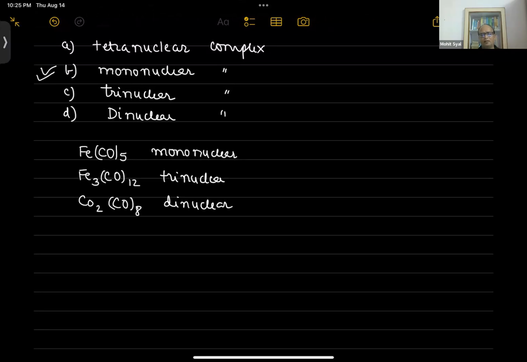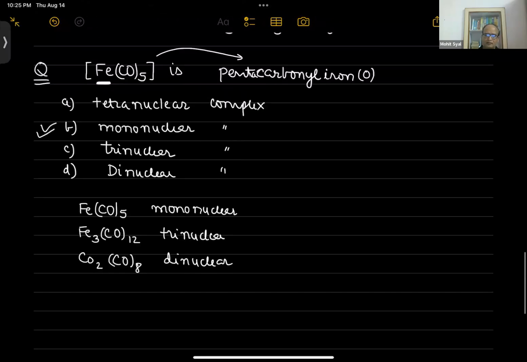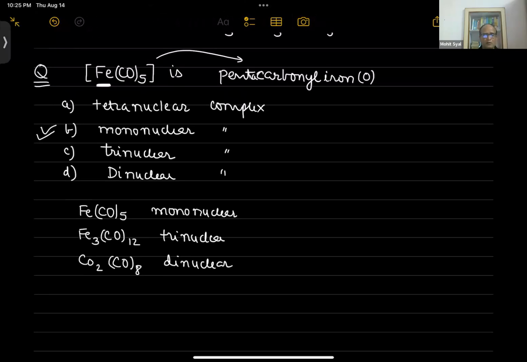Yes. Now, very important, because this is a metal carbonyl, and we are going to discuss some other details about this. If I talk about the type of ligand, these are metal carbonyls. There is one more thing, and these are non-classical complexes also.